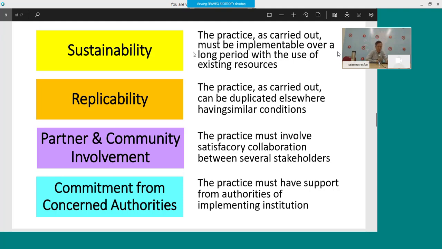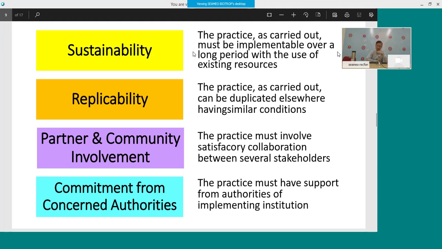Now, we move on to the criteria of partner and community involvement. Sometimes, some schools just practice urban agriculture only for the school. They don't involve other people from outside. But now, because we believe that anything that we do should benefit a lot of people, and we believe that schools are agents of change for development, if you practice involving the communities and other sectors around the area of your school, then that could be called a best practice.